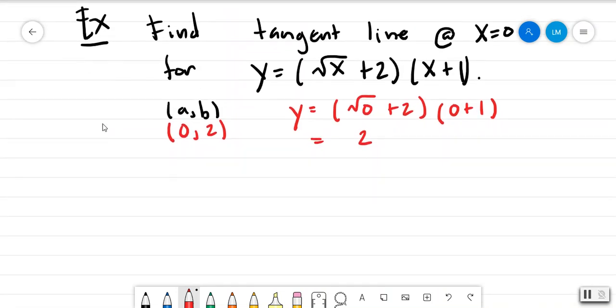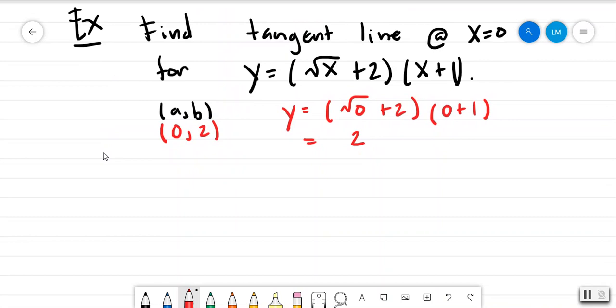Now, what comes next is that I need to find the derivative of this equation. I find y prime, and I'm going to use the f times g rule. So this is f and that's g.